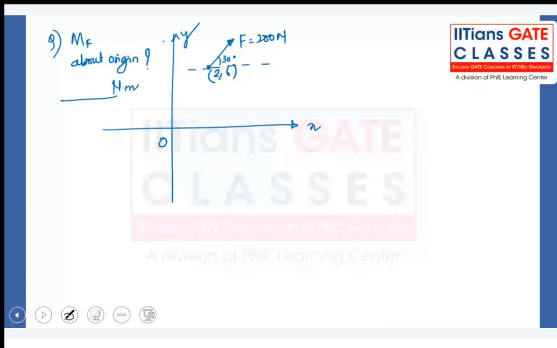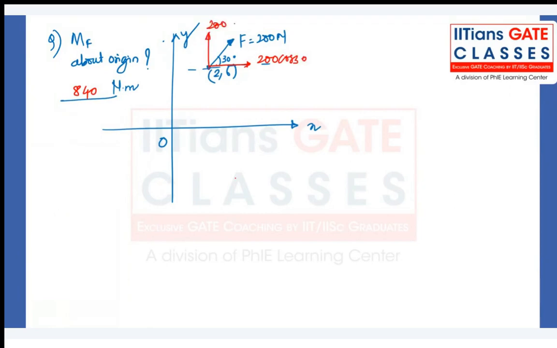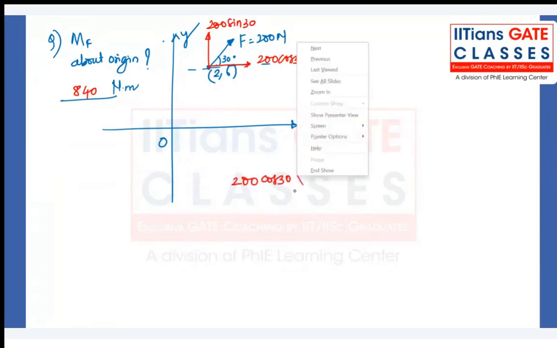Yes, 840 is the correct answer. See, the component of F about the horizontal axis is 200 cos of 30, and we have here 200 sin of 30. So the moment because of this about the origin is 200 cos of 30 into 6, creating a clockwise moment, minus 200 sin 30 into 6.